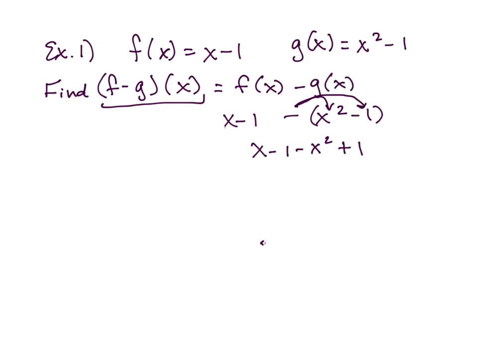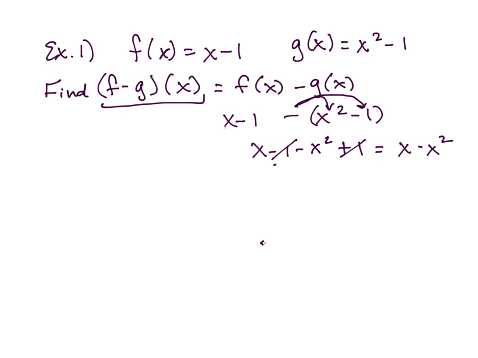And now my negative 1 and the positive 1 cancel. And my answer here is x squared plus x. I prefer x minus x squared. Is that right? Everybody okay here? It should be minus x squared.